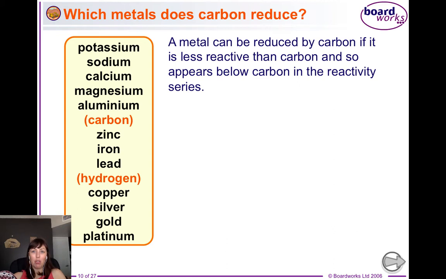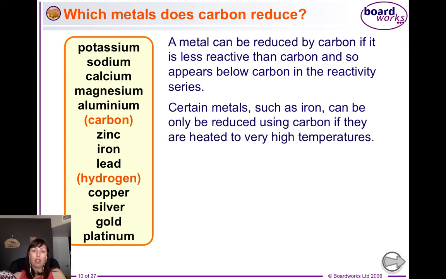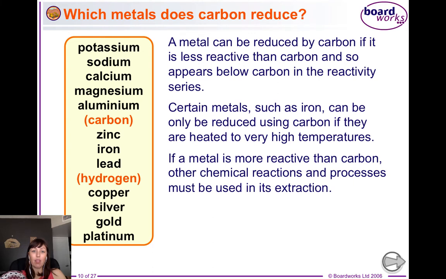A metal can be reduced by carbon only if it is less reactive than carbon, and so if it appears below carbon in the reactivity series. Certain metals like iron can only be reduced using carbon if they are heated to very high temperatures. If a metal is more reactive than carbon, then other chemical reactions and processes have to be used.